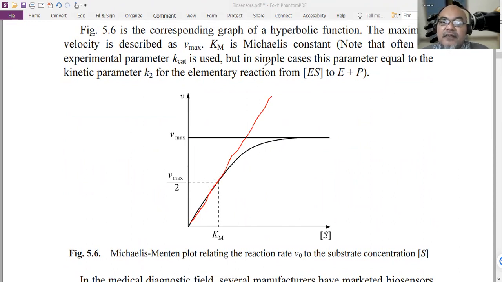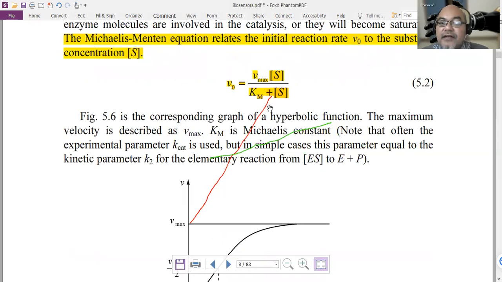First region, and the second region is in this region, for example. But if you want to cover the whole region of sensing, of calibration, then it is best to describe it with the Michaelis-Menten equation like this.